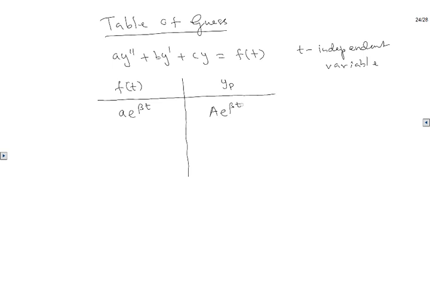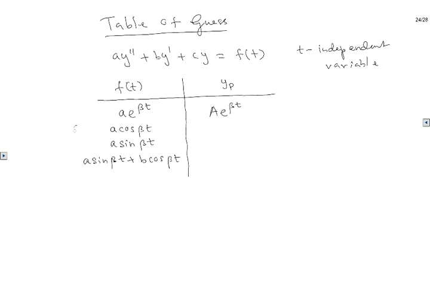Then if you see these 3 types, what are they? A cosine beta t, or a sine beta t, or the sum of the two, a sine beta t plus b cosine beta t.